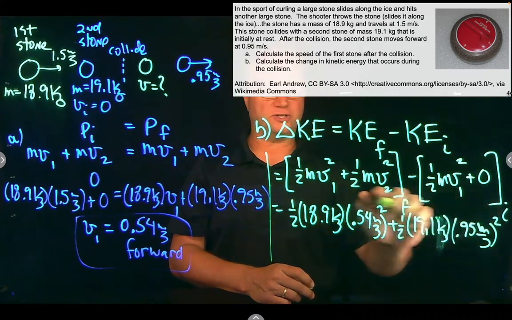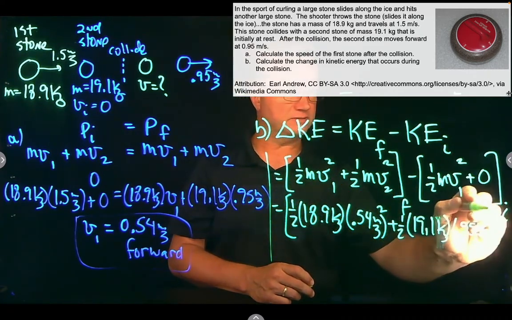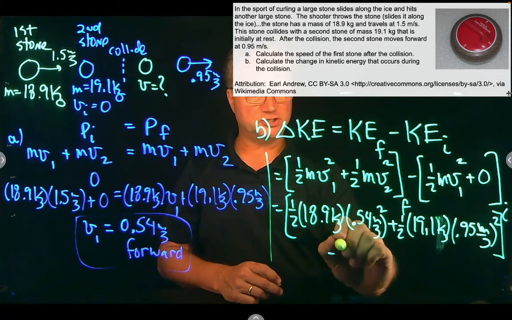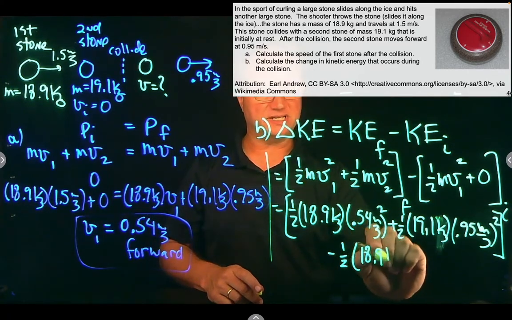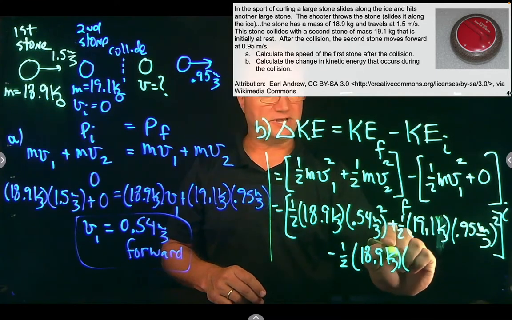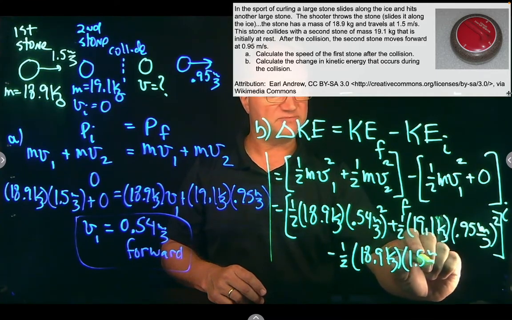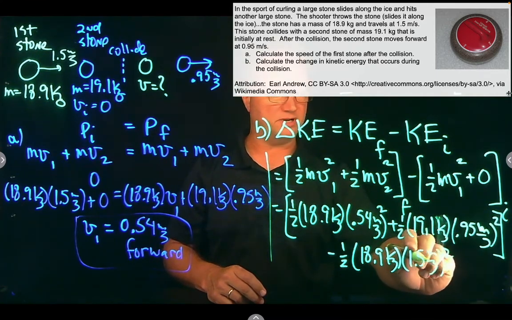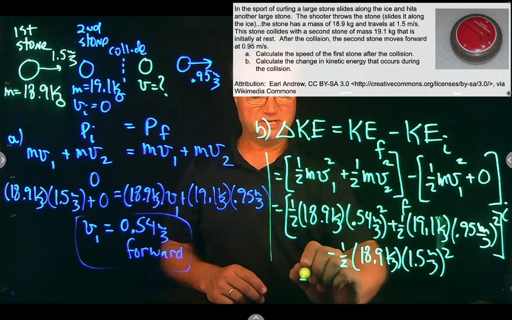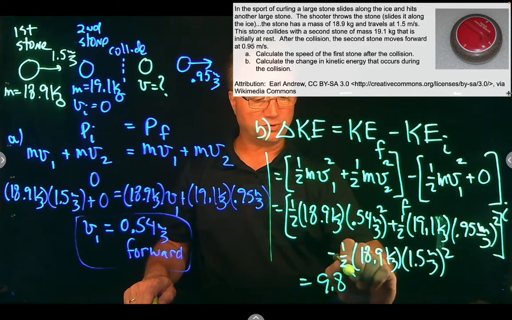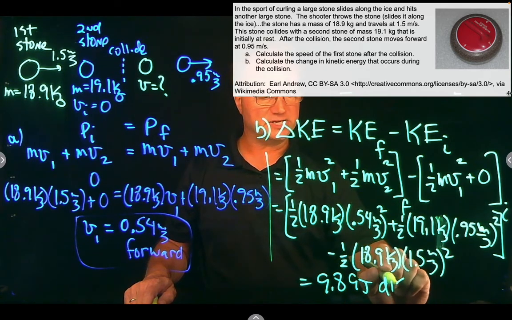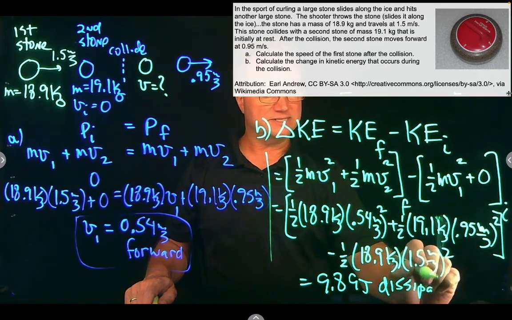So that's all of the final, minus the initial: 1/2 times the 18.9 kilograms multiplied by the 1.5 meters per second, quantity squared, and then the 0. So when we calculate there, we end up with 9.89 joules of energy that are dissipated.